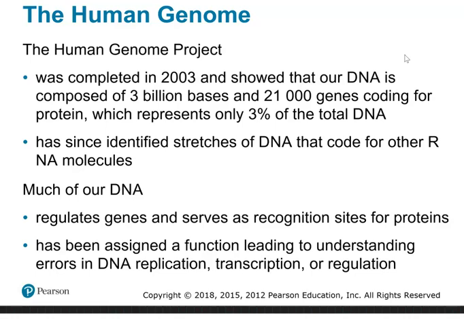Now, in 2003, the Human Genome Project was completed. Human DNA was finally sequenced. It was a very interesting experience because it started in the early 1990s and cost about $300 million. So it took scientists more than 10 years and a lot of money to sequence human DNA.